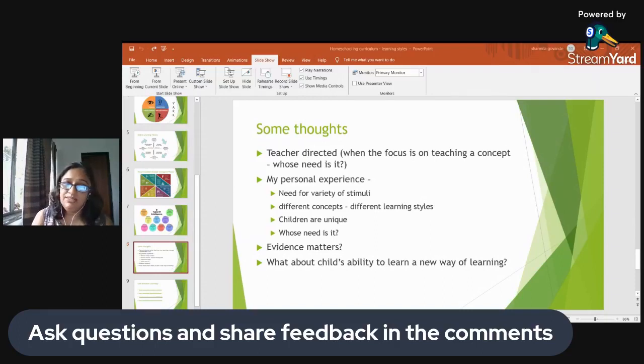Then I've also, as I shared earlier, for different concepts, seen even myself or my children using different learning styles. Children are unique, so they are going to want to learn things differently, and monotony or using one single style bores them, makes them feel tired, lethargic, uninterested in what is happening around.